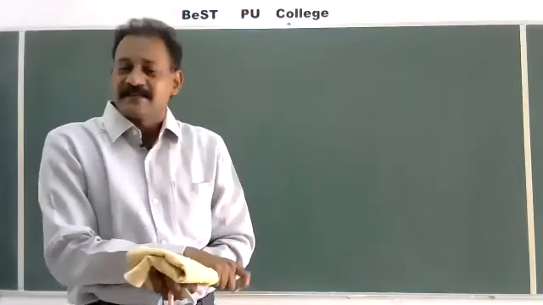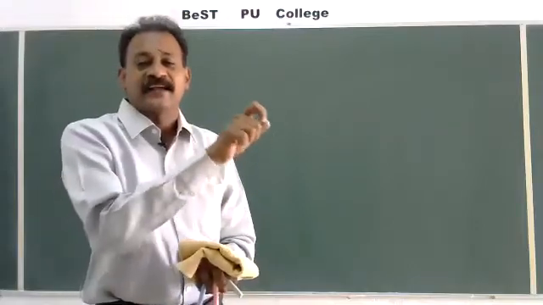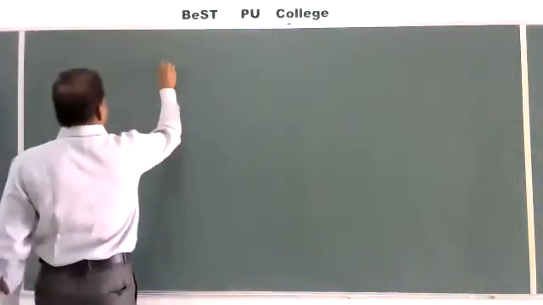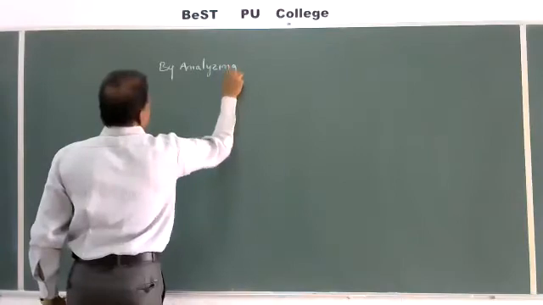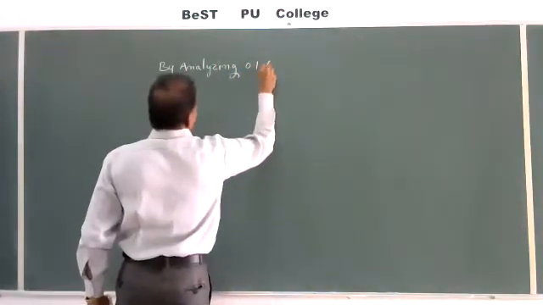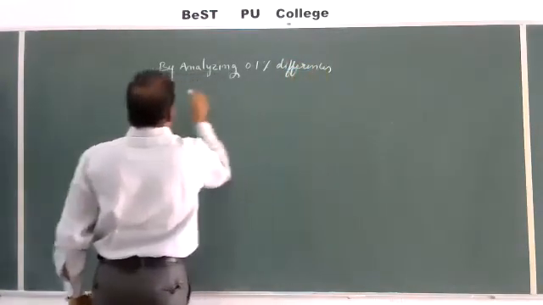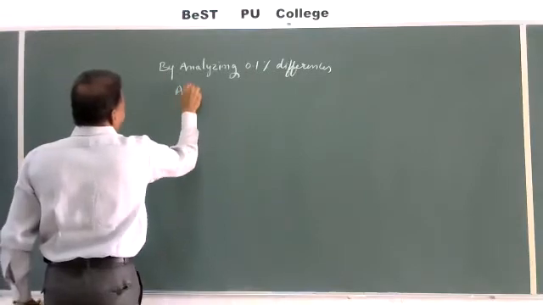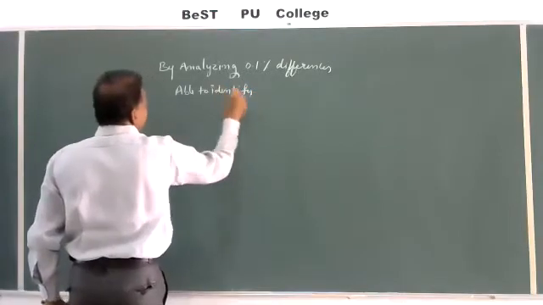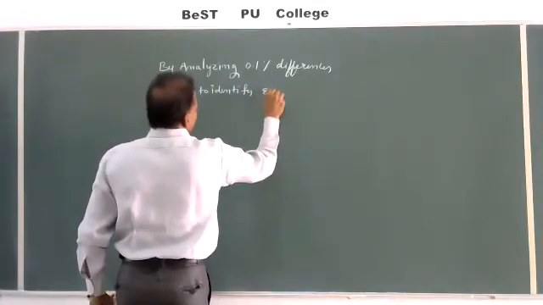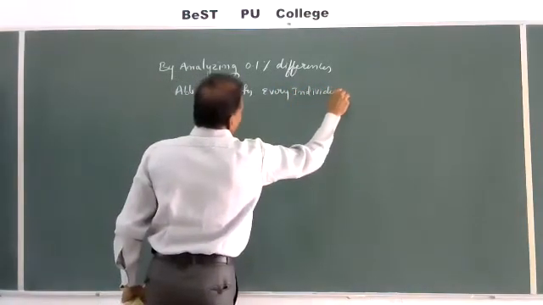0.1% difference is there between every two different individuals. Our forensic scientists want to analyze this 0.1% difference, by analyzing which they are able to identify every individual accurately.